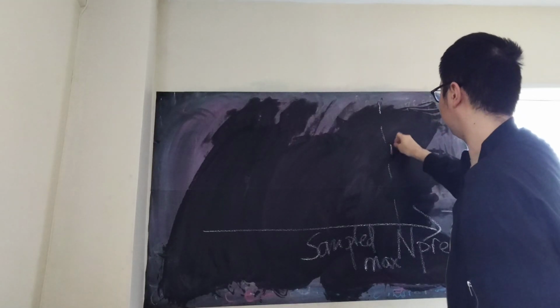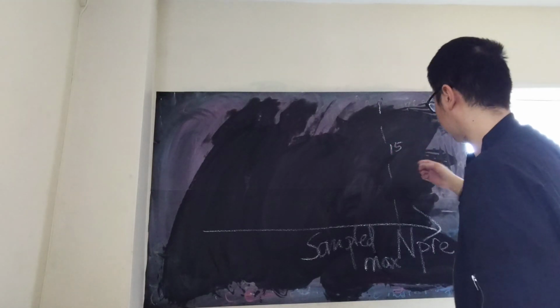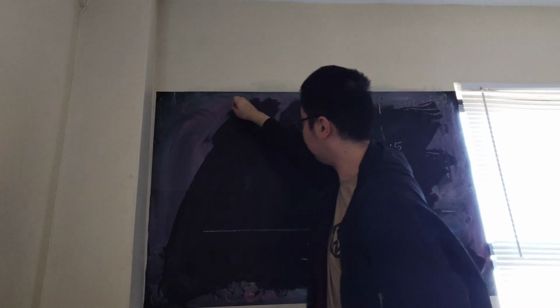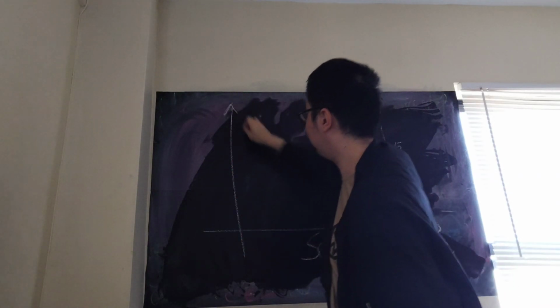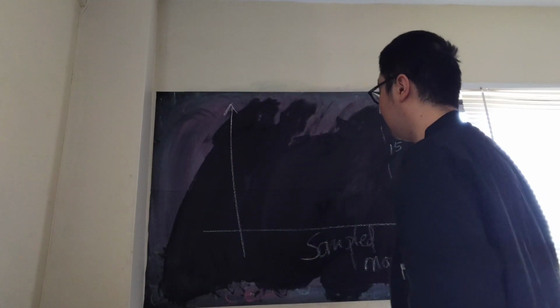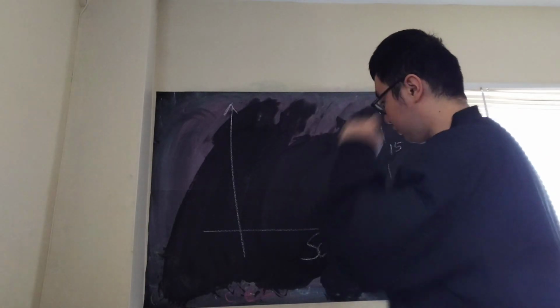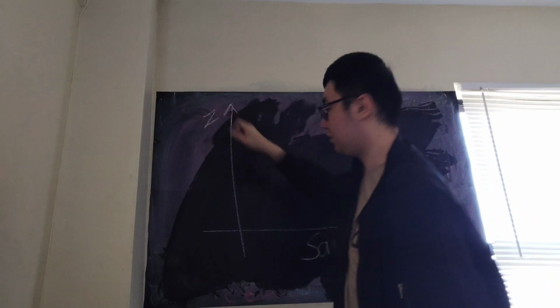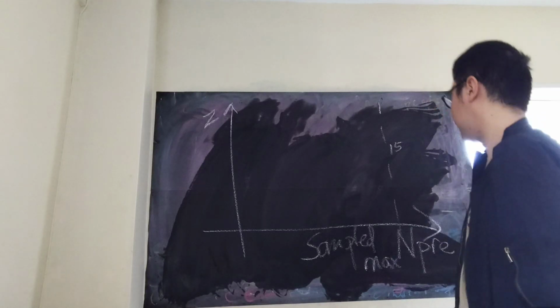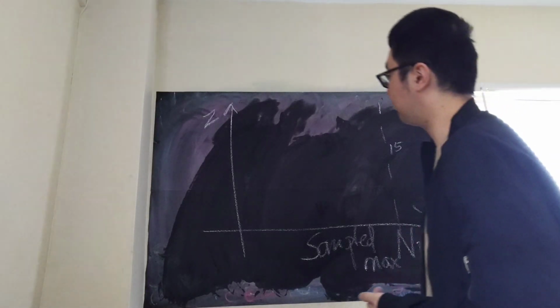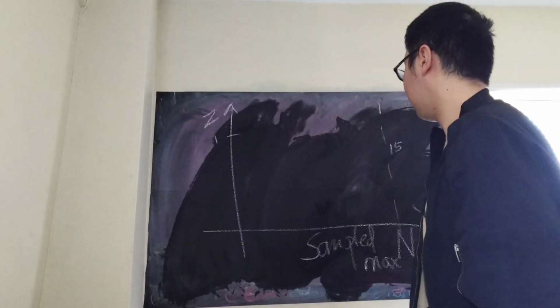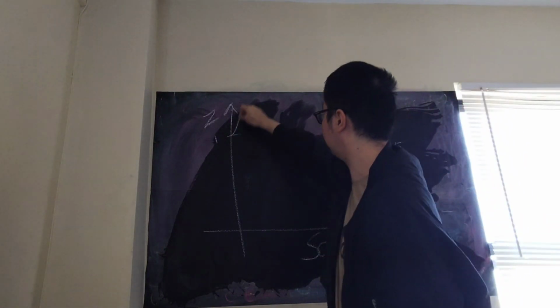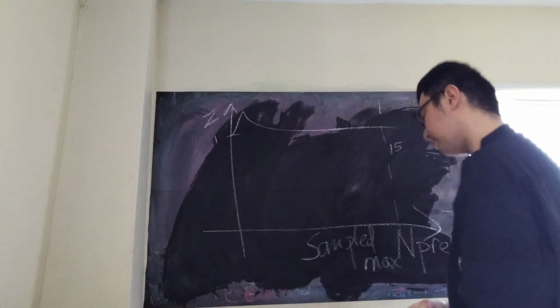In the base case it is 15 or 16, I think it's 15, and then on the y-axis we have Z. For Z taking a small value, for example Z is just one value, then it's just the distribution of itself, right?